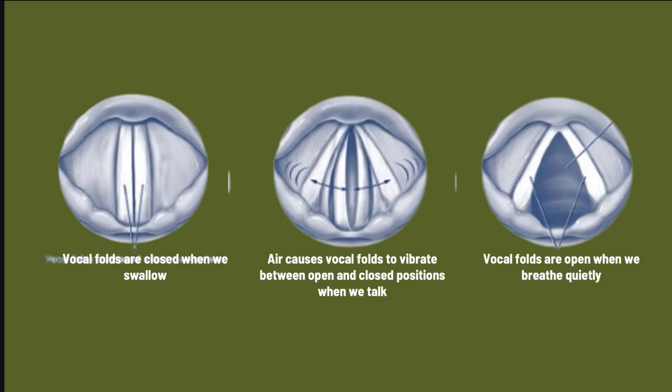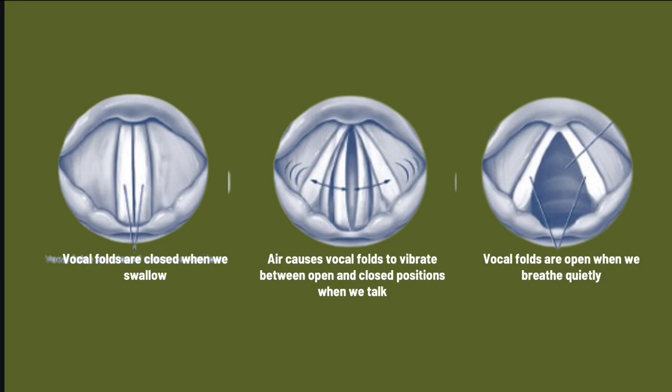The vocal cords can come closer together so that when air passes through, it causes them to vibrate. Any sound produced with this vibration is called a voiced sound. An example of a voiced sound is z, as in zebra, where you can feel the vibration if you place your fingers on your throat.